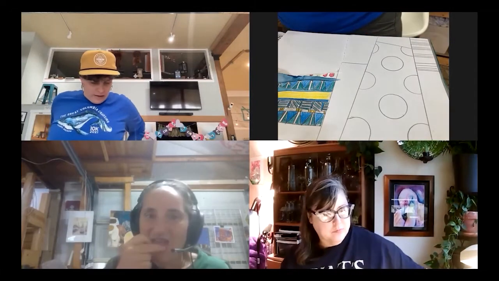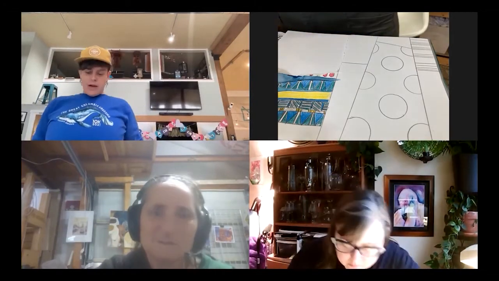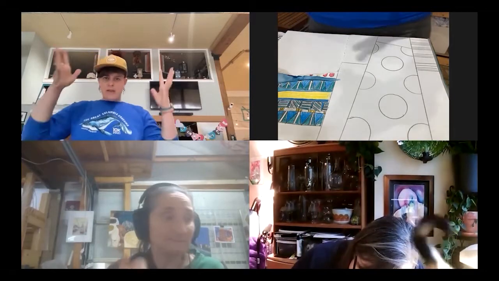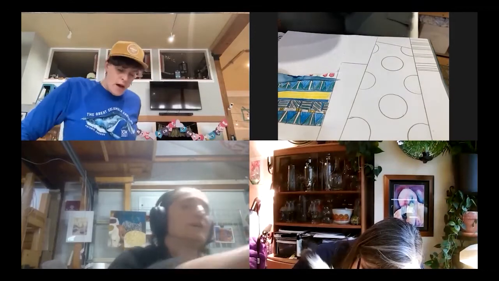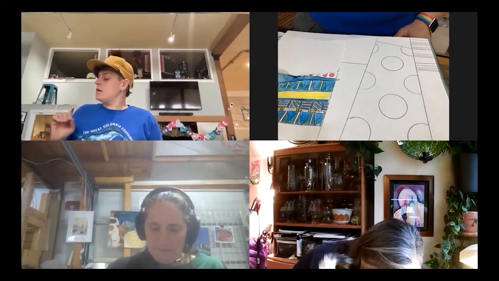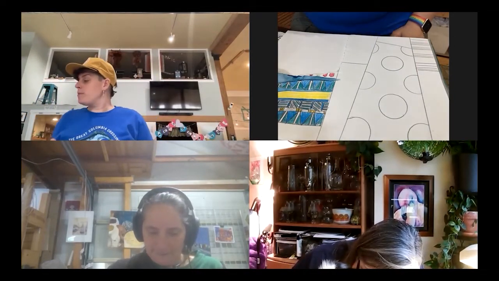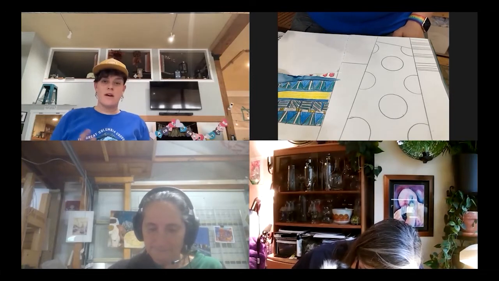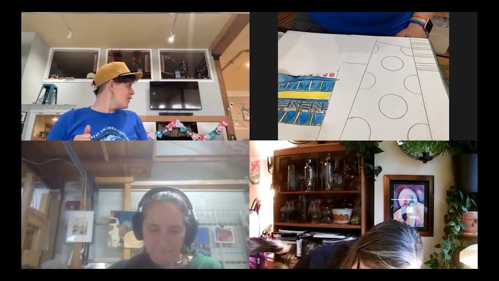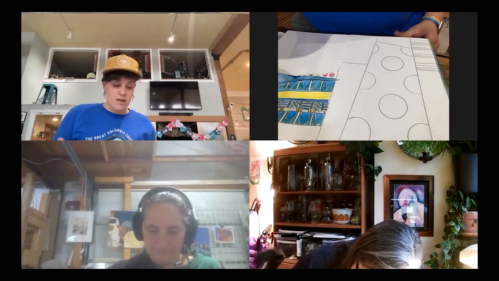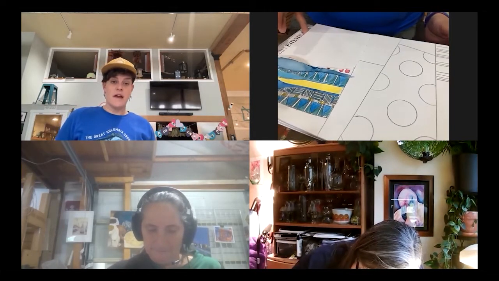I don't do prints. My work just doesn't translate well. Really? Yeah, it's because of the gold leaf and the hot pinks. Well, that's true, I could totally see that. It's hard to explain to people how well it doesn't translate until I got all of those images scanned of my work. And then I showed Audrey the images and some of them just have color blocks that are physically just not there.